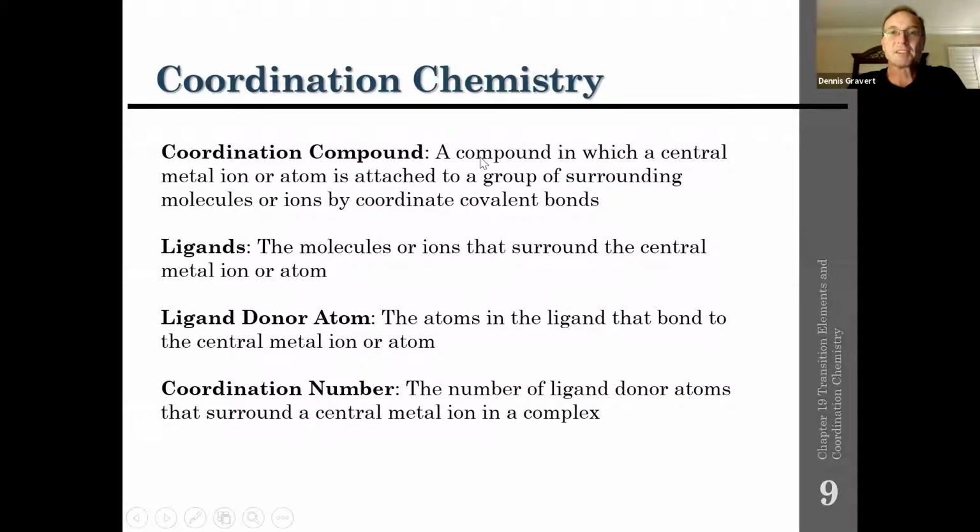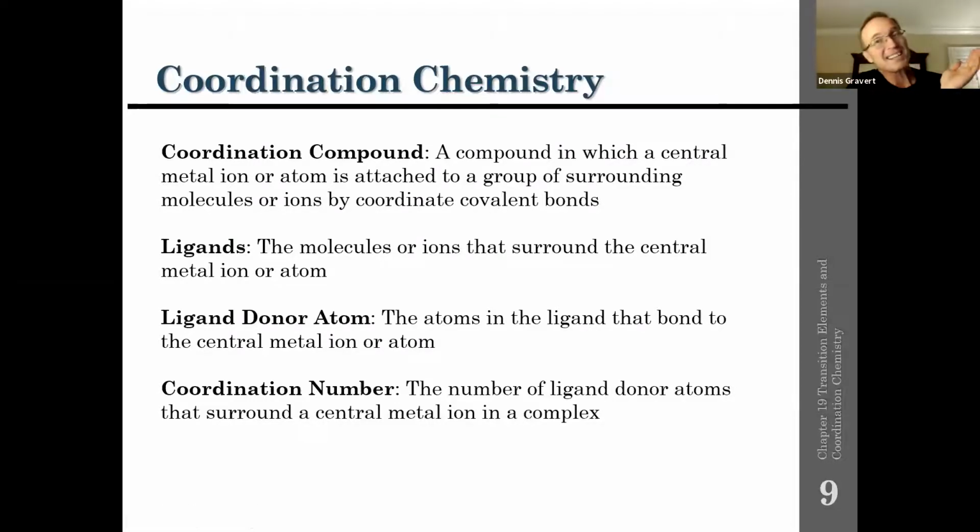So the proper definition is a compound in which a central metal atom or ion is attached to a group of surrounding molecules or ions by coordinate covalent bonds. So there's that coordinate word again. Just think of coordinated, like joined together, but mainly it's a covalent bond.